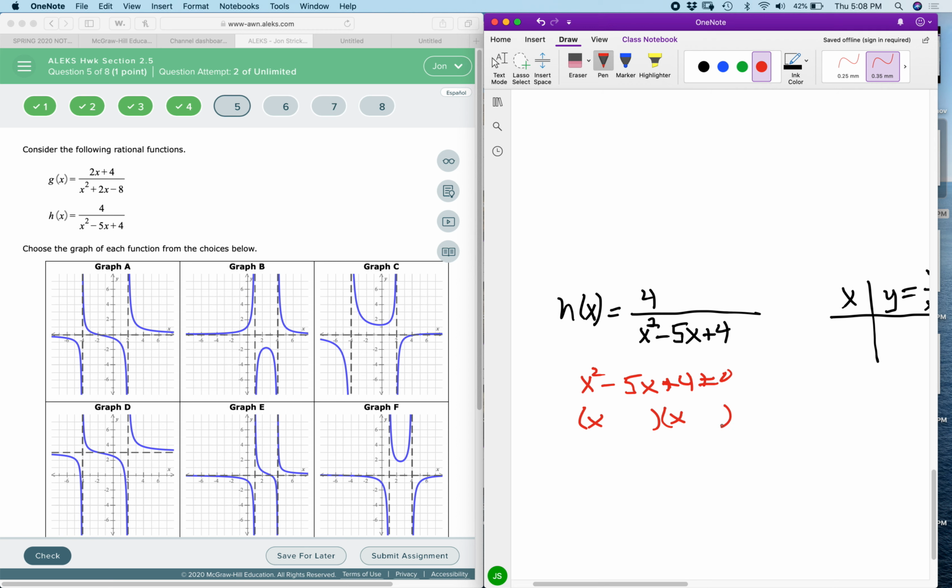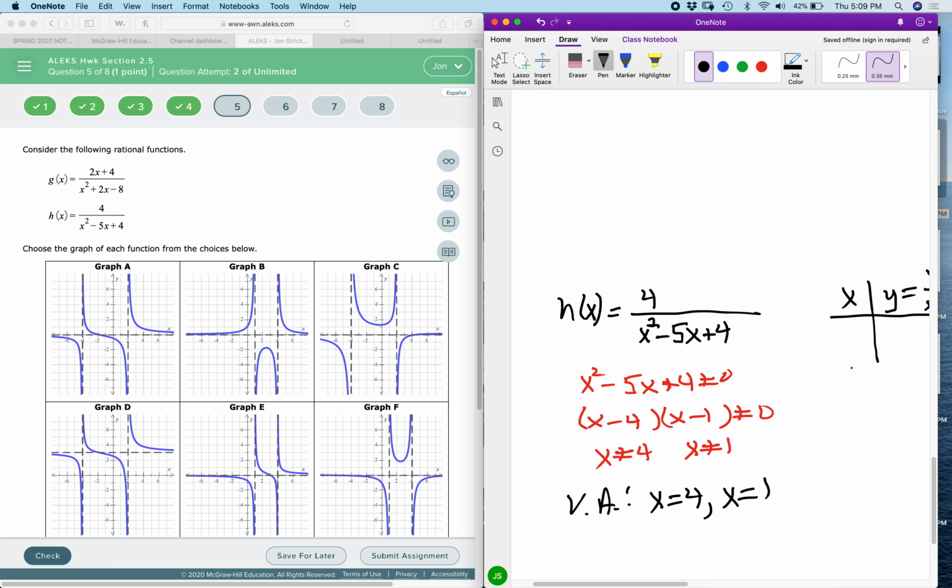Looking at factoring, we have that x cannot be 4 or 1. Since these factors are not also factors of the numerator, these exclusions from the domain will be our vertical asymptotes. So we have vertical asymptotes situated at x equal to 4 and also x equal to 1.